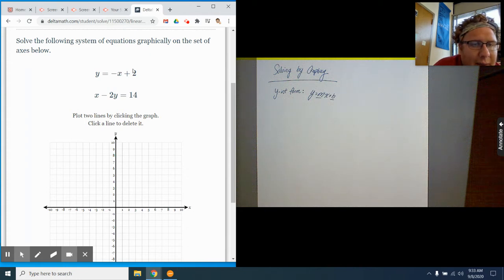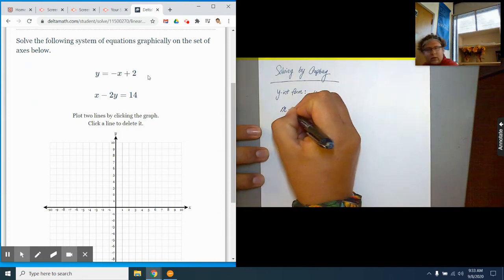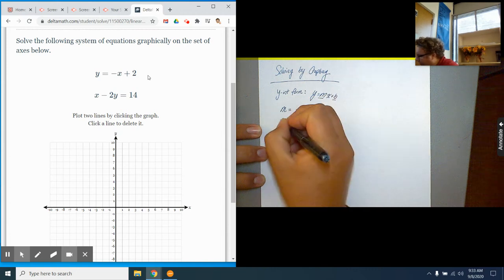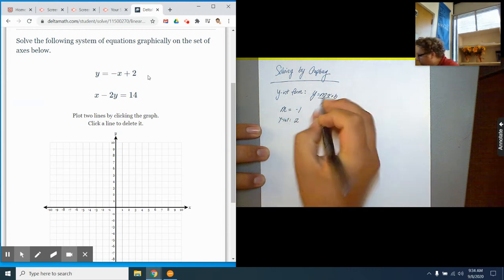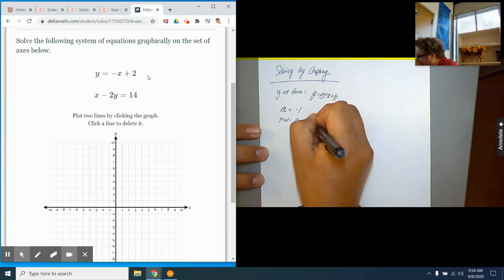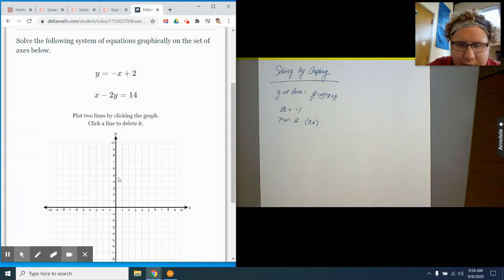So if I look up top here, the first equation, y equals negative x plus 2, that is in slope-intercept form. And for this one, the slope is going to be negative 1, and then the y-intercept would be positive 2. And of course, y-intercept, meaning the point is (0, 2). It's intersecting the y-axis. So let's graph that first one.